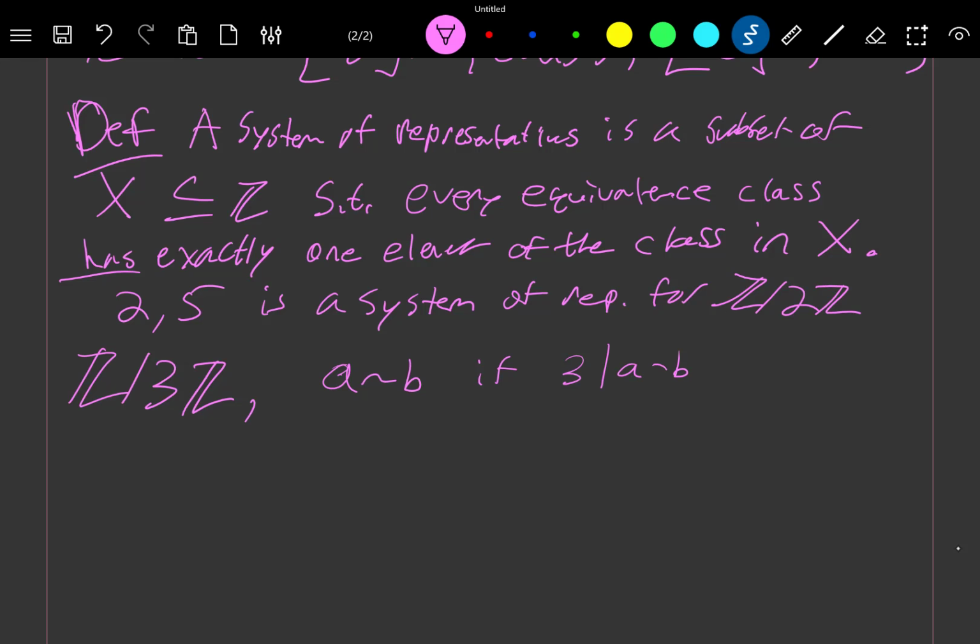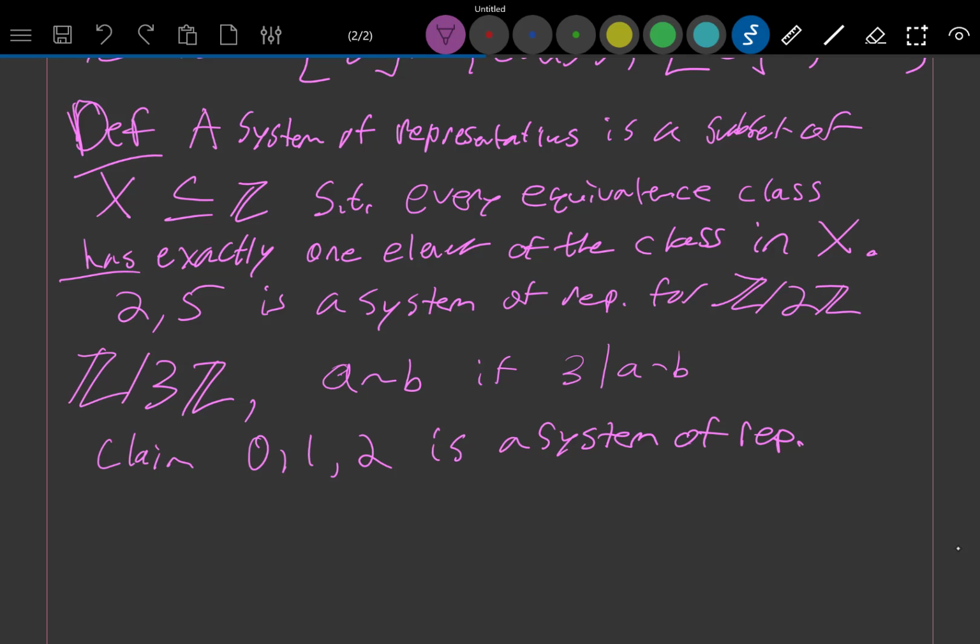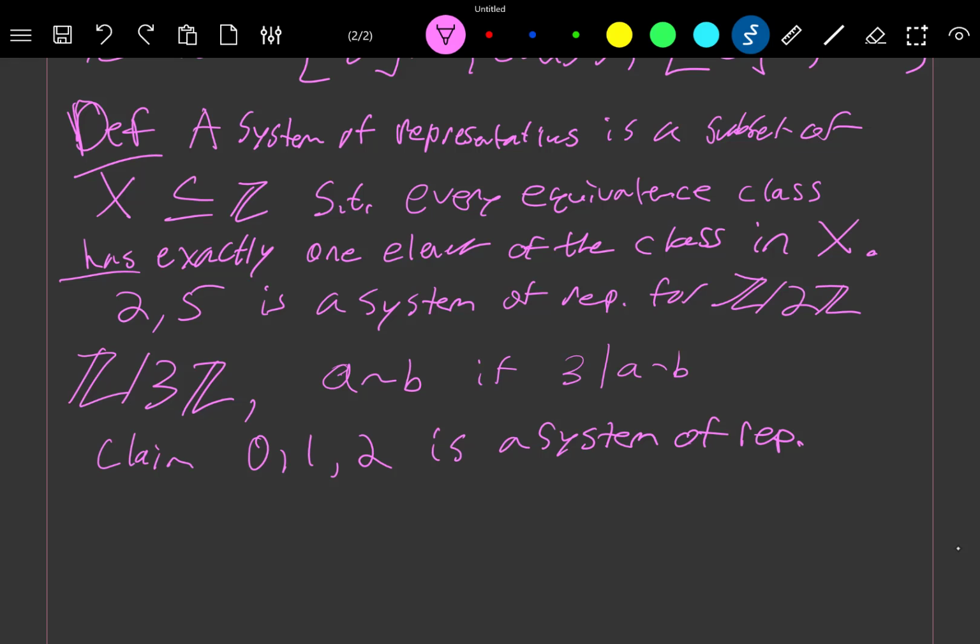Well, I'm going to claim that 0, 1, and 2 is a system of representatives. One way to see this is that 3 divides a minus b is the same as saying a and b have the same remainder when divided by 3. So maybe let's prove that.